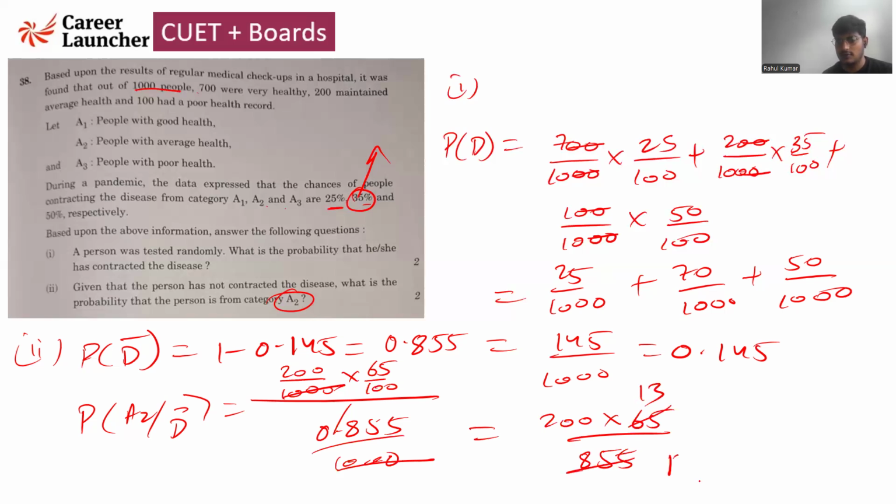I don't think 171 is divisible by 30. Let me check. No, it can't be divisible. So 2600 divided by 171. The answer is not coming as accurate as we are thinking. Okay, there is one more 100 also. So 26 divided by 171 is the answer.